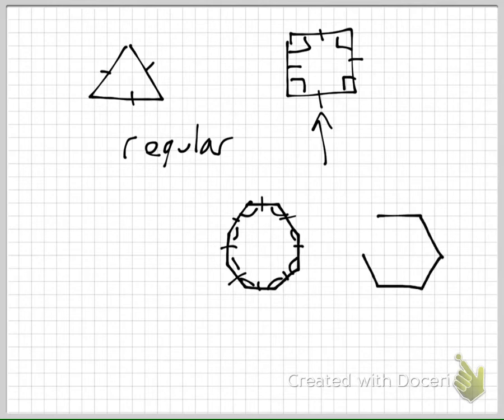Again, I'm not very good at drawing these. If I did this, it would be a regular hexagon. Does that make sense? Same sides, same angles, regular. You would know that the angles are the same. You just would. You could tell.